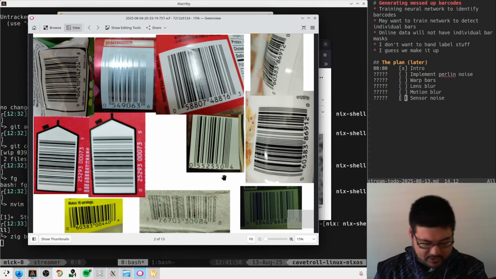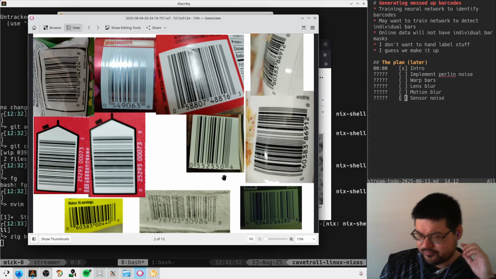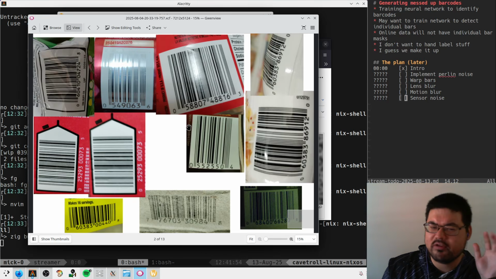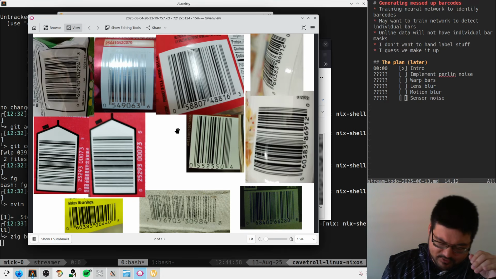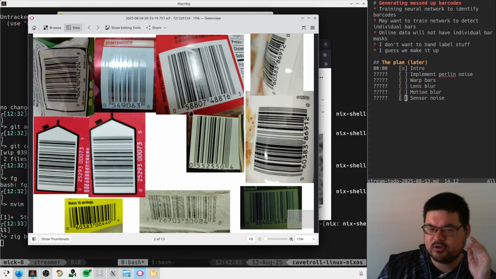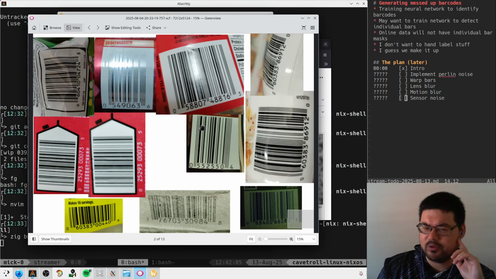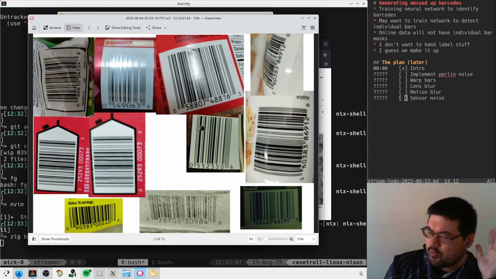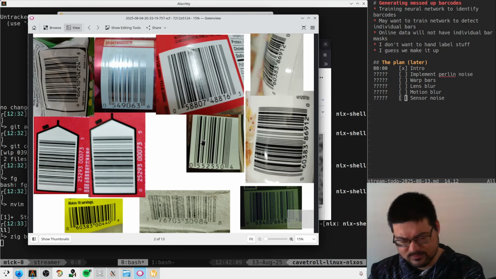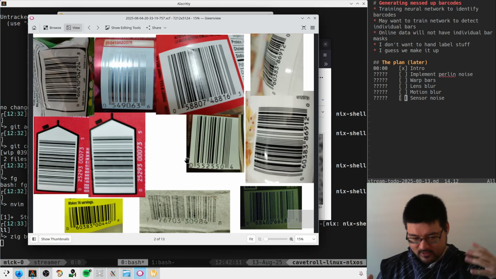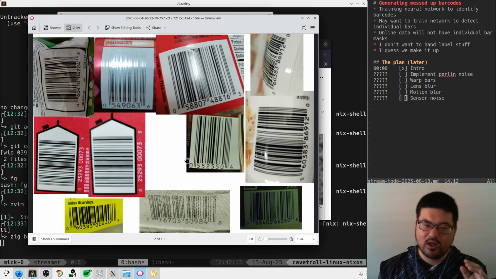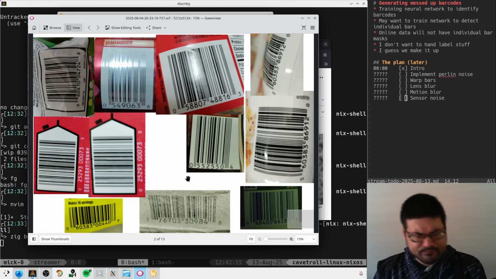There's all sorts of things that make this a little bit more complex than you would think. And so we are training a neural network to learn how to parse these codes for us. And as part of that, we want to maybe work our way up to figuring out what is the simplest network that will still do what we need it to do. And I suspect that that's going to involve some form of predicting which bar we are in more than the actual codes themselves, which means that we need data that has barcodes as well as the individual bars in them.